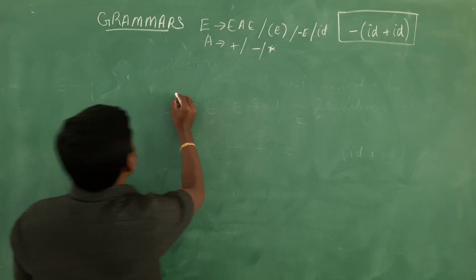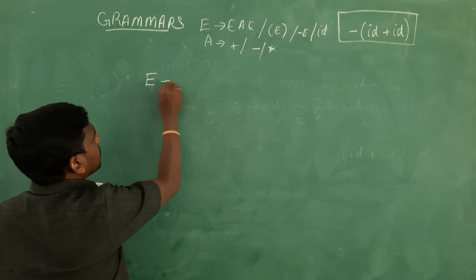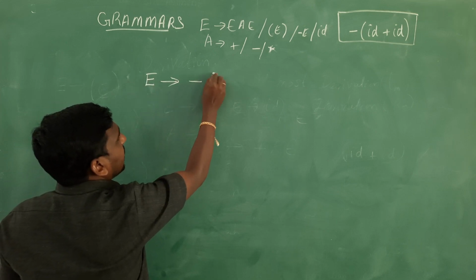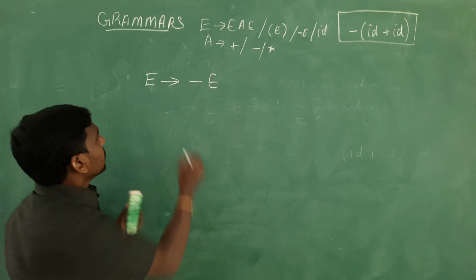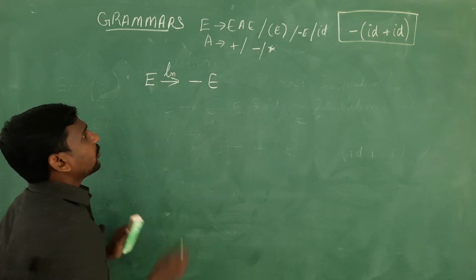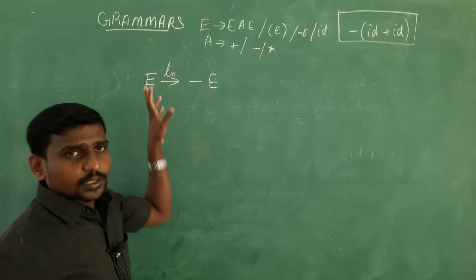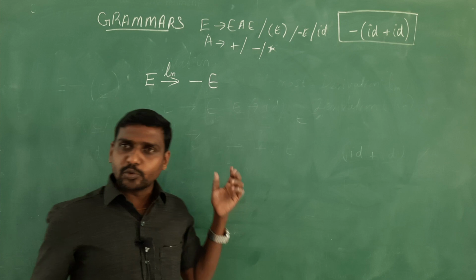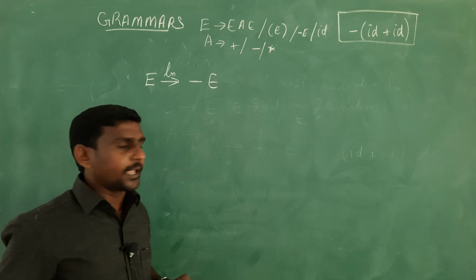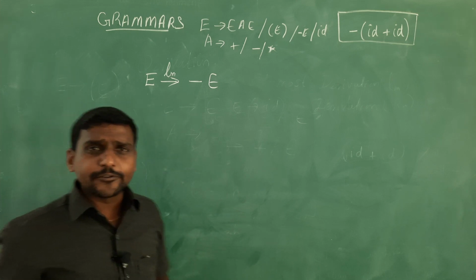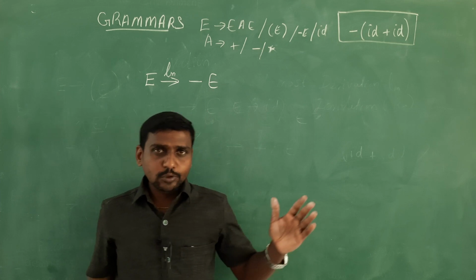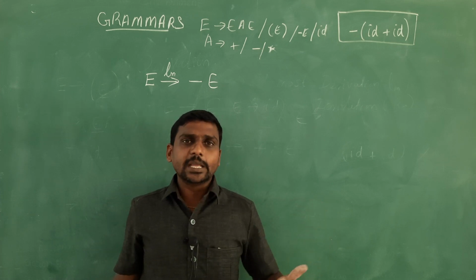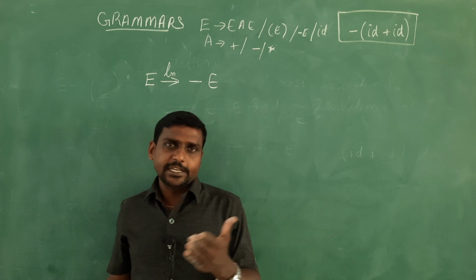Since it is leftmost derivation, I take E tends to minus E, and you just put LM so that the evaluator knows you are doing leftmost derivation. Leftmost derivation means you derive from the leftmost variable.